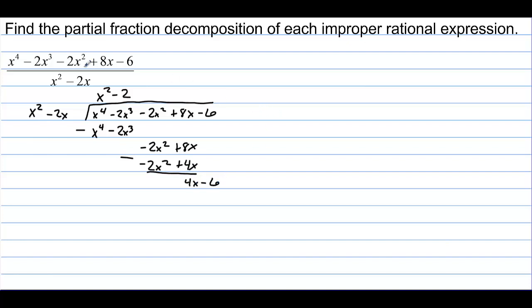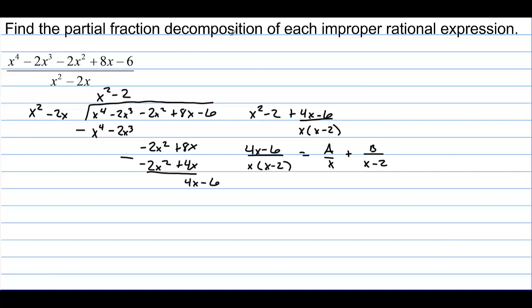Well, now we can write the original as x squared minus 2 and then plus 4x minus 6 over the denominator. And if we factor this denominator, we get x times x minus 2. We can write 4x minus 6 over x times x minus 2 as a over x and then plus b over x minus 2.